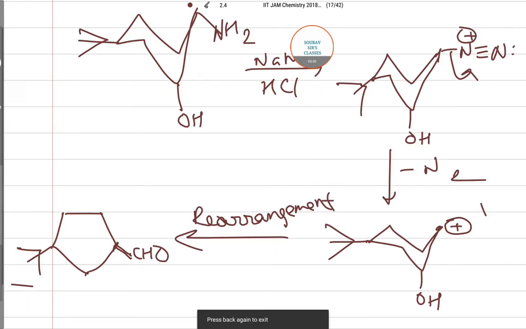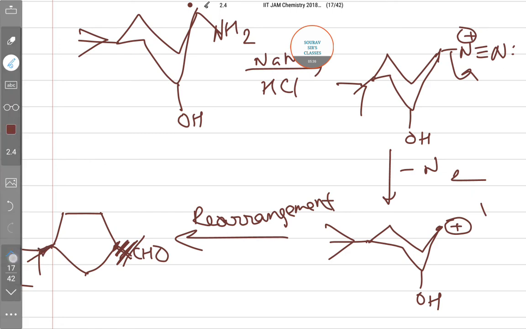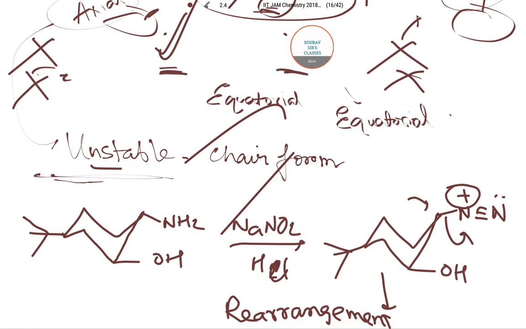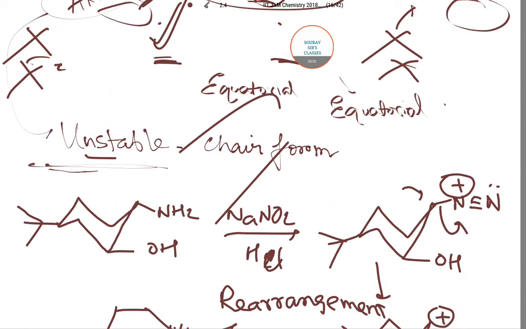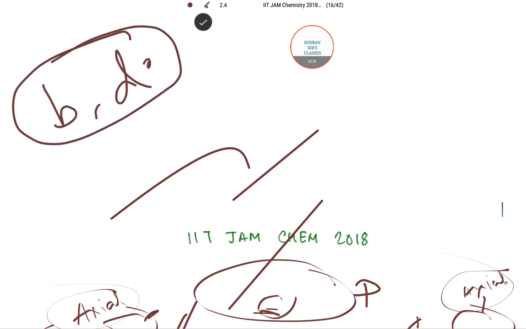Basically this part will be behind and this part will be forward, same as the previous one. So this is the product we get, and the answer will be option B and option D. Sorry, option C. Thank you.